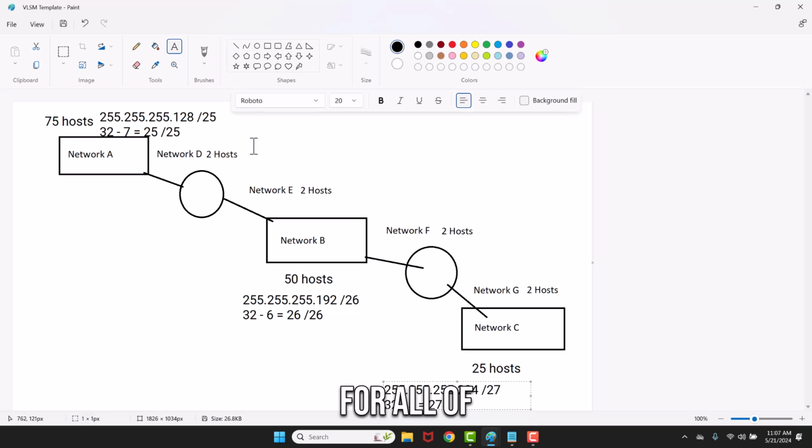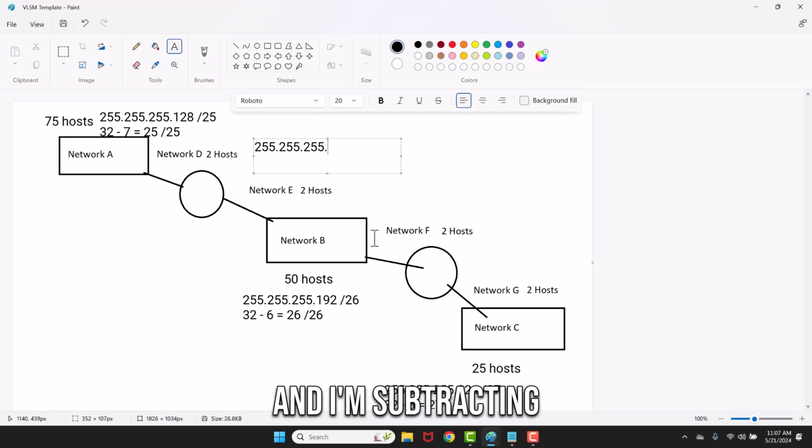For all of the other networks, D, E, F, and G, the subnet mask is keeping only 2 zeros in it, so it's 255.255.255, and I'm subtracting those 2 place values, 2 and 1, from 255.